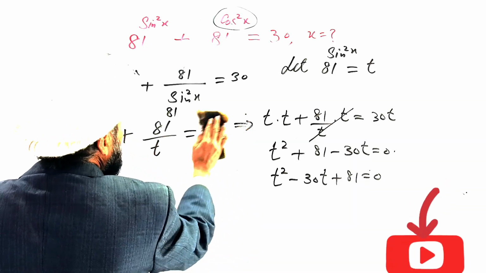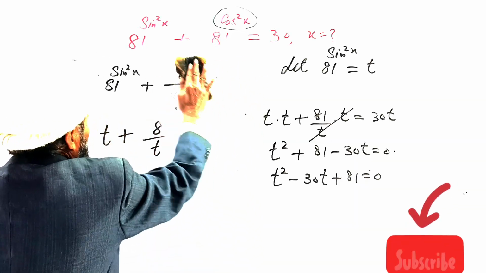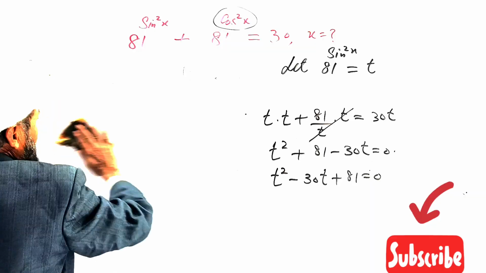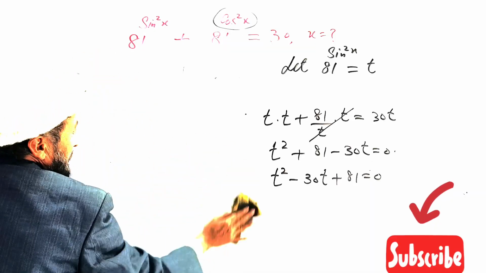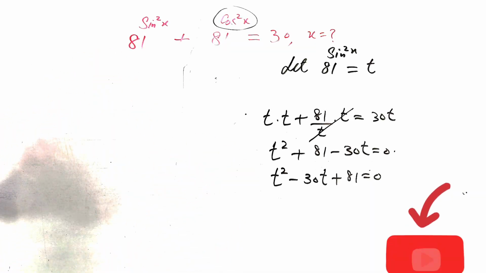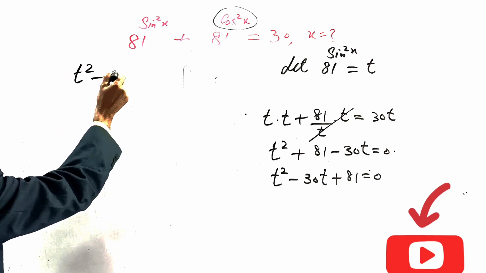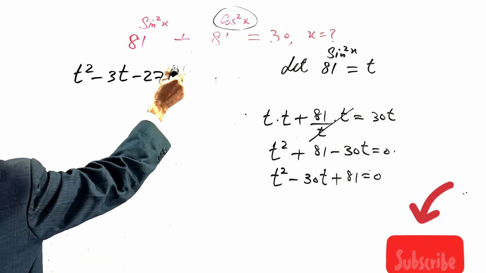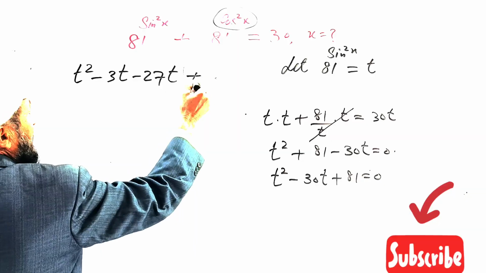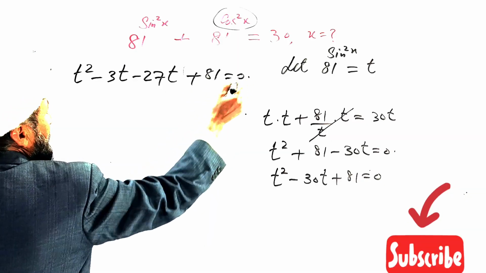Similarly, now we factorize: t square minus 3t minus 27t plus 81 is equal to 0.